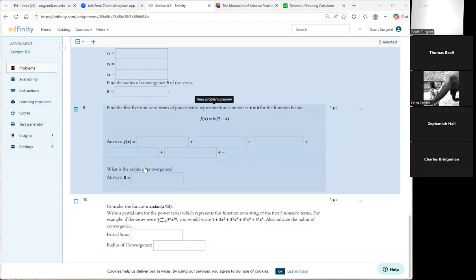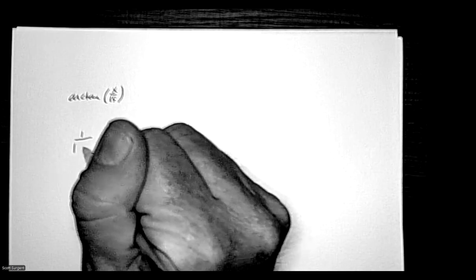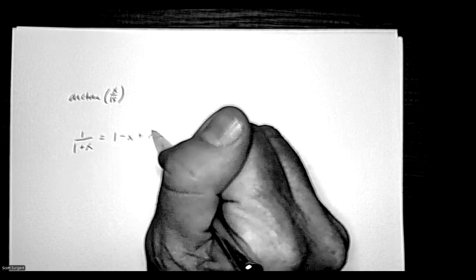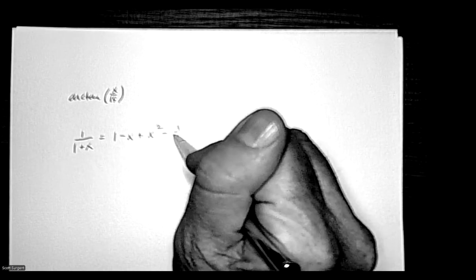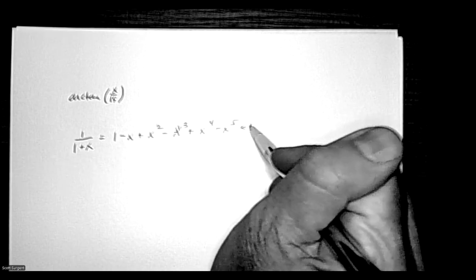Now you could work that out the long brute force way, but man, you're going to be taking derivatives. That's just going to take so long. So I'll do it the same way. The idea is that I take the generic form, which is 1 over 1 plus x, so that's the alternating series, 1 minus x plus x squared, take away x cubed plus x to the fourth, take away x5, etc.